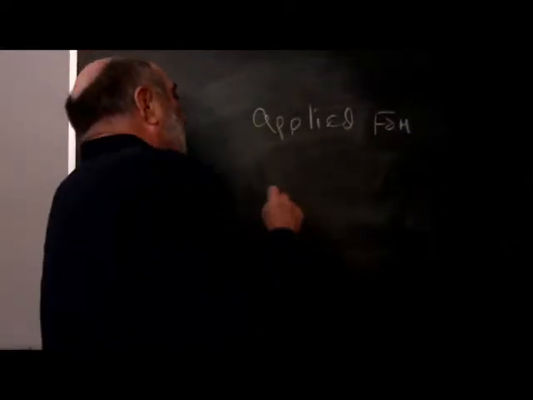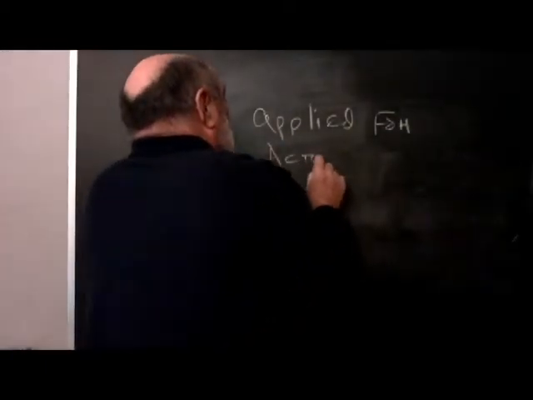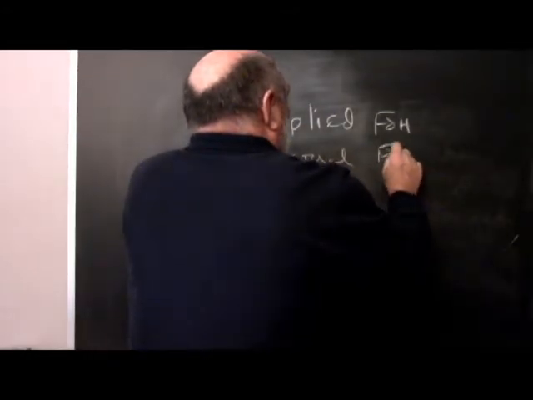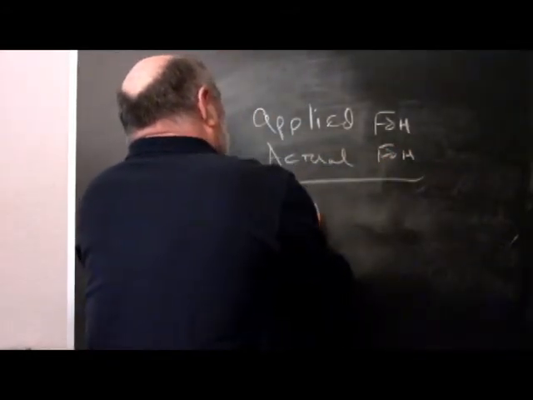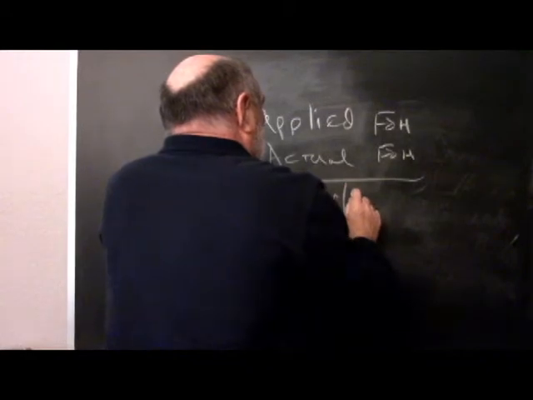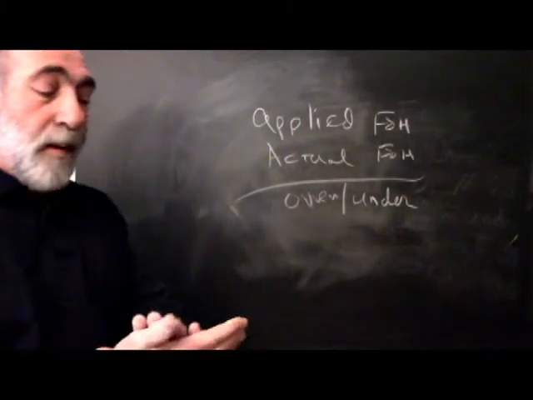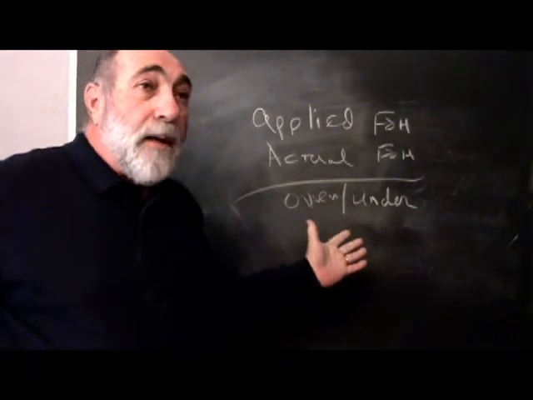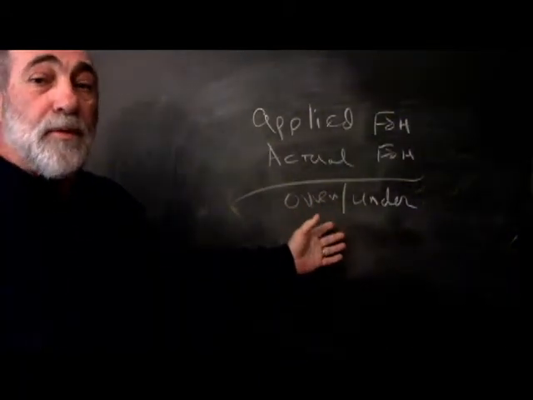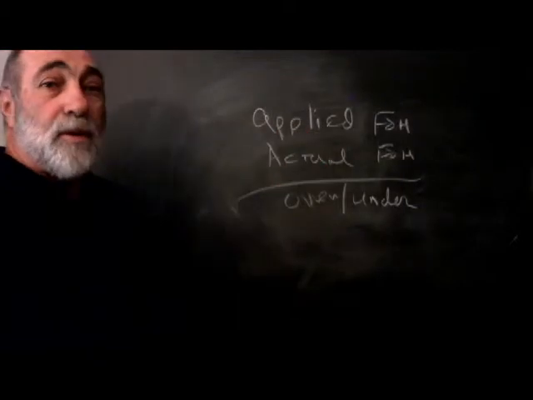And then I'm going to look at the actual factory overhead, and I may be over or under applied. Hopefully I didn't blow it so bad that this is a huge number. It should be a small number in comparison to what's going on.